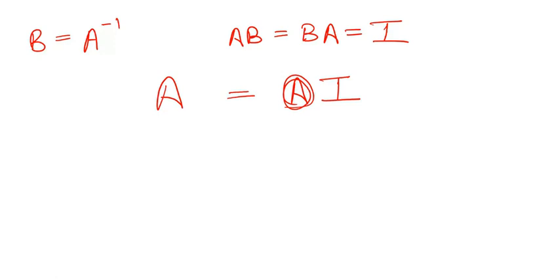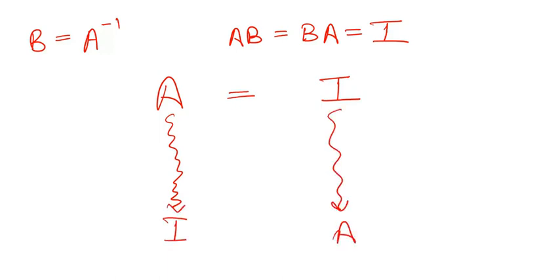And so if you were doing some rough work, and you didn't have to show the steps to anybody, you could just omit this A and do many column transformations on this to get I, and in the end you'd end up with the inverse of A over here.